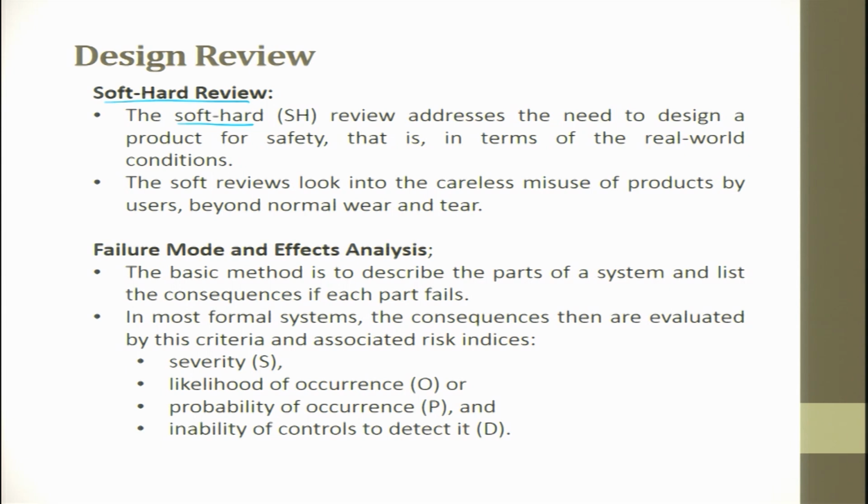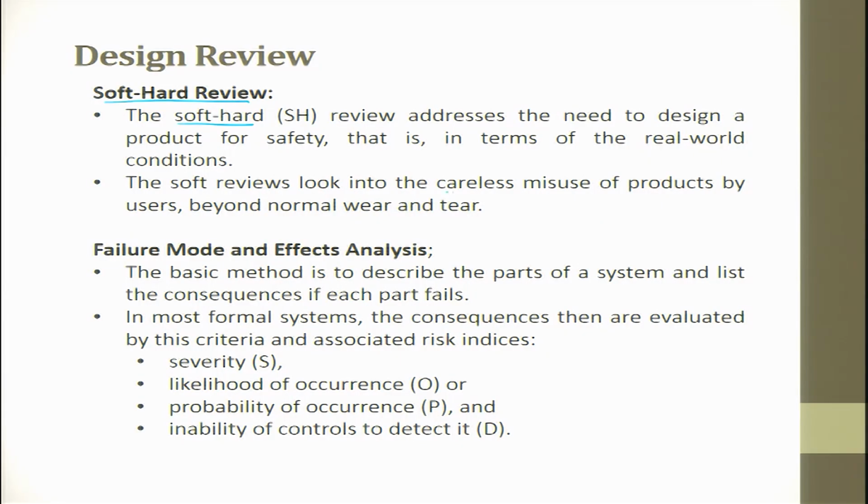Suppose this pen, over a period of time, the plastic starts degrading and if it breaks, it might have sharp edges. This could hurt somebody who uses it after the wear and tear.